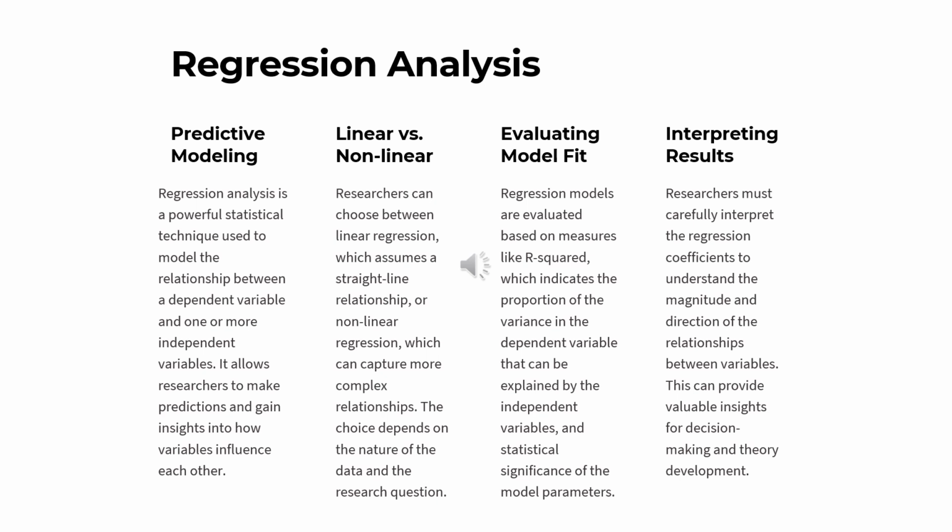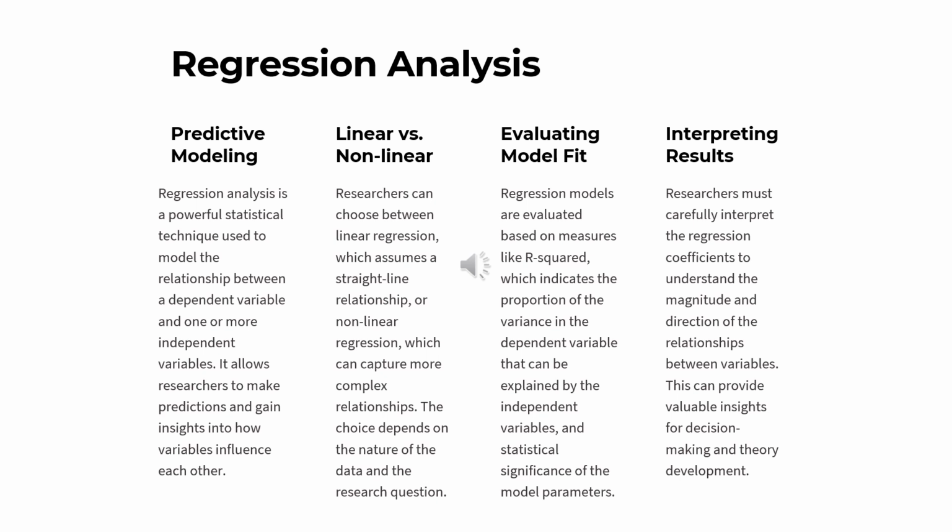Now, evaluating the model fit. Regression models are evaluated based on measures like R squared, which indicates the proportion of the variance in the dependent variable that can be explained by independent variables, and the statistical significance of the model parameters. After that, we interpret the results from the data.